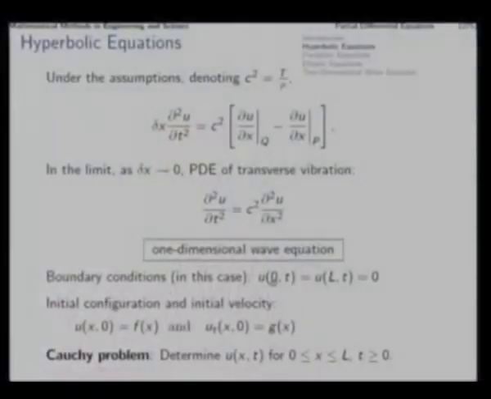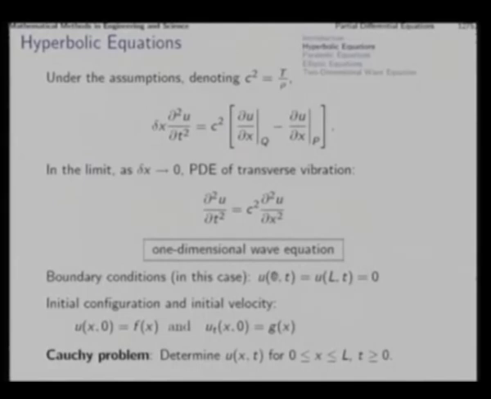Now, in this particular case, if both the endpoints are tied firmly, then u at the two endpoints, x equal to 0 and x equal to L, will be 0 for all time. These will be the boundary conditions. What will be the initial conditions, the initial configuration and initial velocity? Because it is a second order differential equation in time, we will need to give initial position and initial velocity, that is u at x, 0 and del u by del t at x, 0. These two are specified as functions of x.